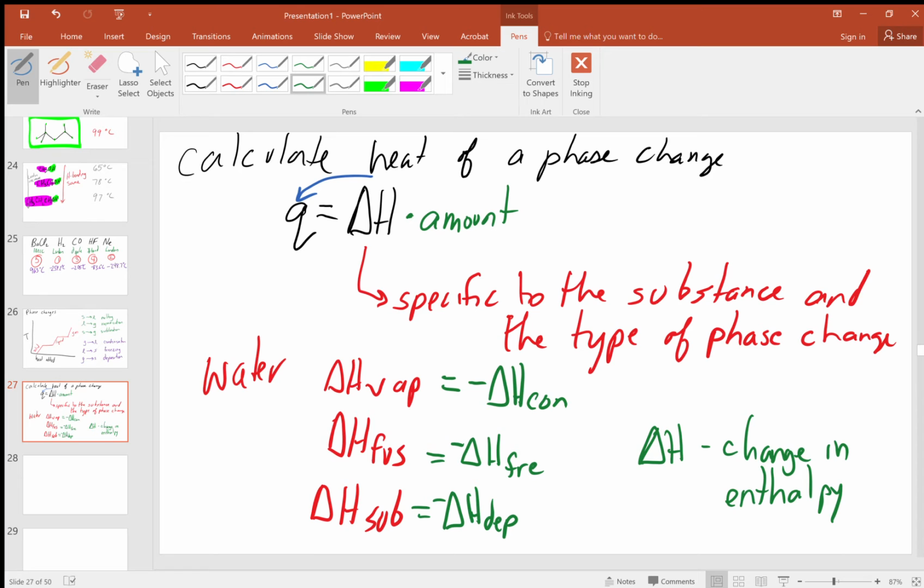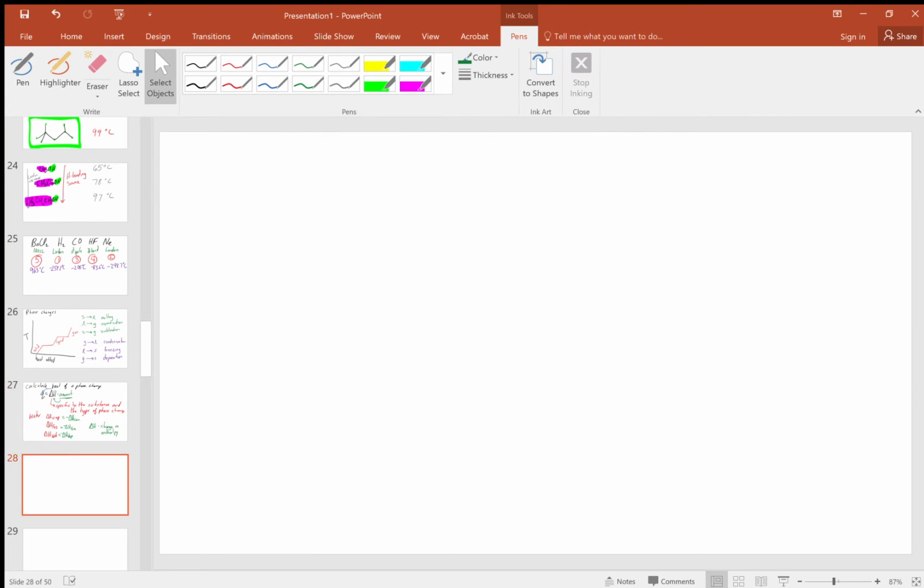Doesn't matter which way we find it, just as long as the unit that we use for our amount is consistent with the units for delta H. So that's how we calculate the heat that's transferred during a phase change.